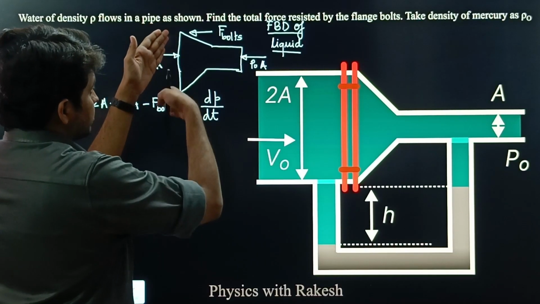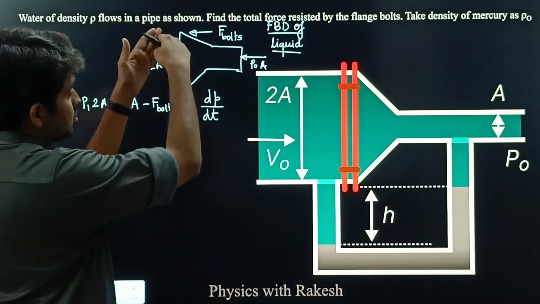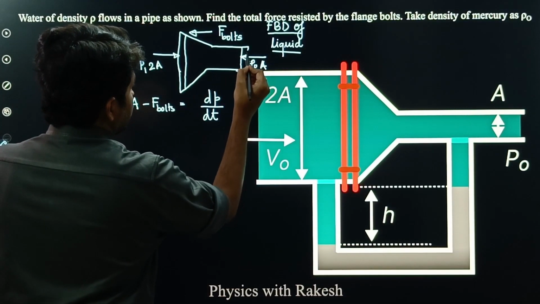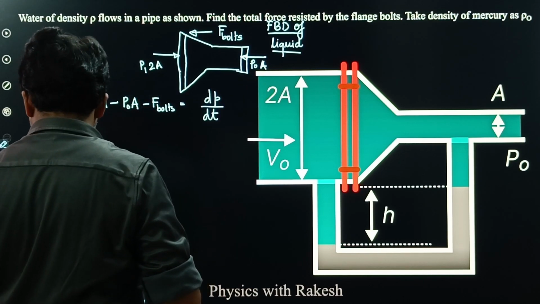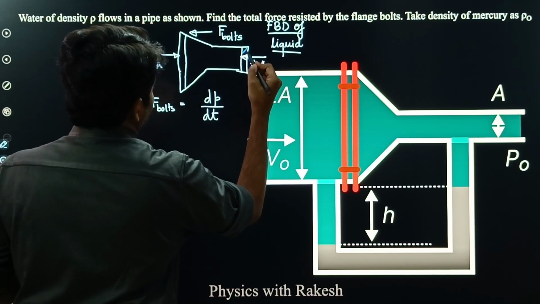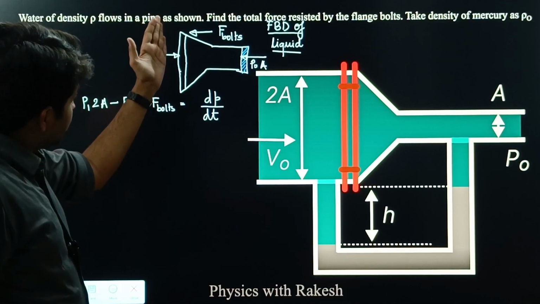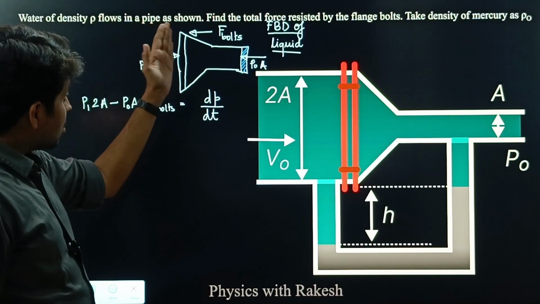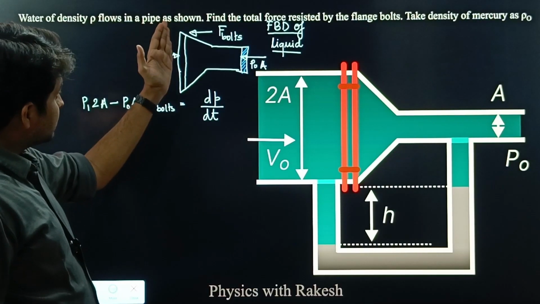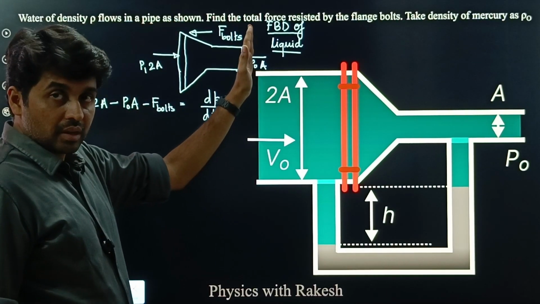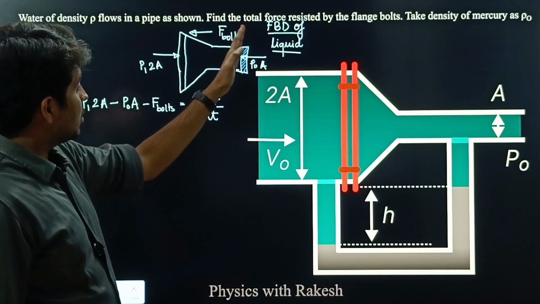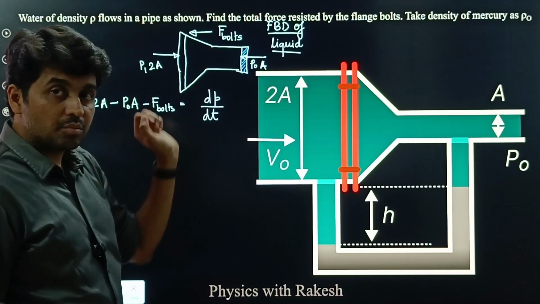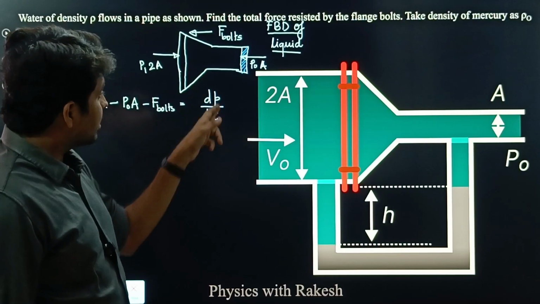In time dt, this whole liquid is as it is, but it has gained some momentum here and lost some momentum here. That means this mass has come here and this mass has gone here. Because this mass has a specific velocity and that one some other velocity, overall it has lost and gained some momentum, right? So from there we can write the change in momentum.